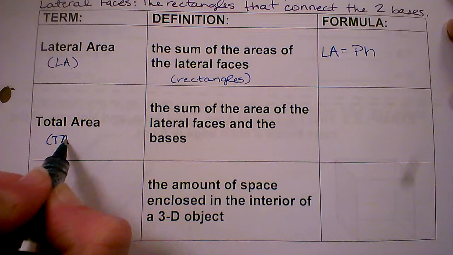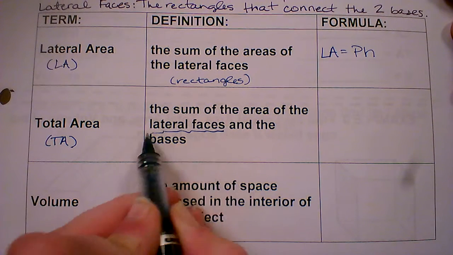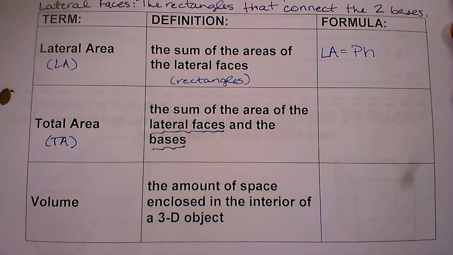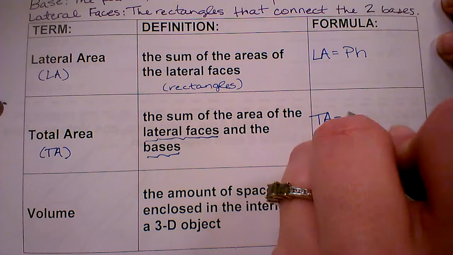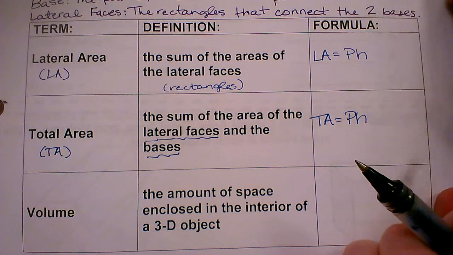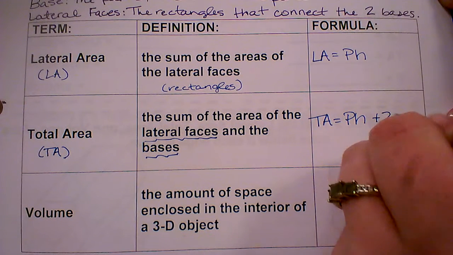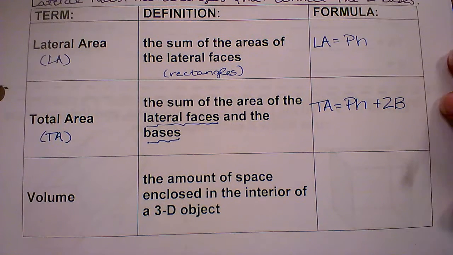Total area, we'll abbreviate as TA, is the lateral area plus the two bases. So we have the total area that equals PH, which was the lateral area that we just had, but we have to add in our two bases.